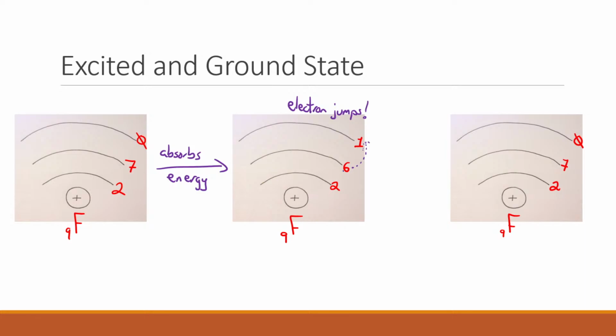It's supposed to be 2, 7, 0. So eventually, the electron will fall back down. And this is going to release energy. Specifically, it's going to release some light.